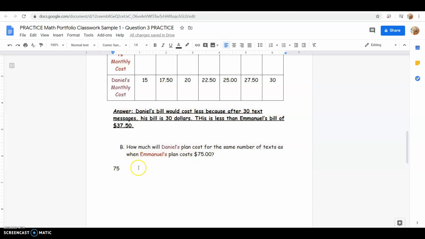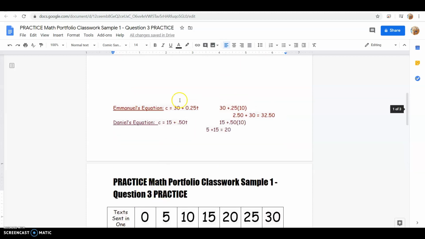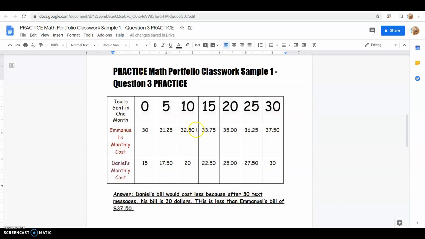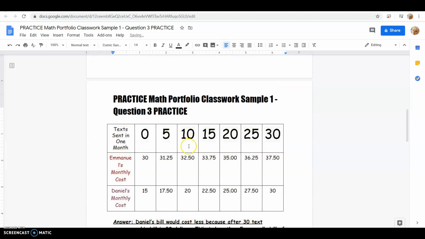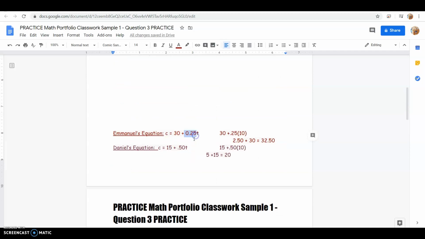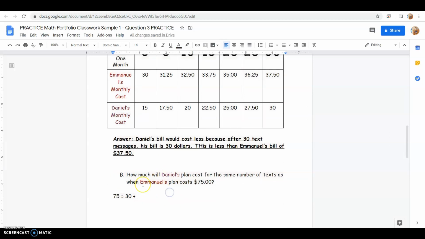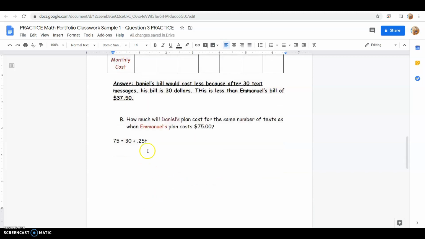So you don't need to put C to fill it in. You know what it is. When you know the number, fill it in. Now, $75 equals 30 plus 0.25, or 25 cents for every text message, times t. So this is the number that we need to find, the number of text messages.